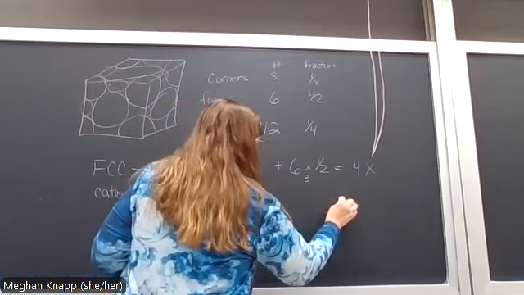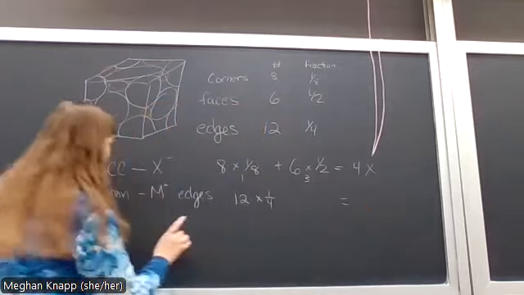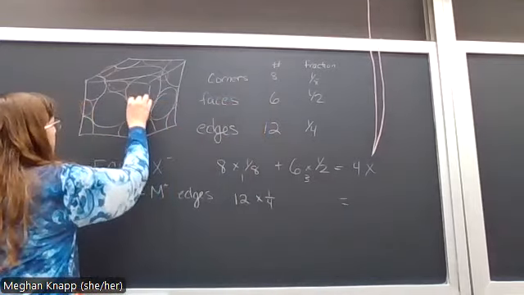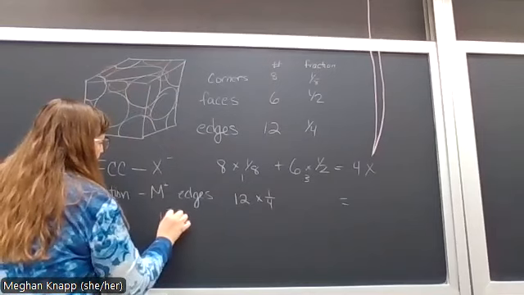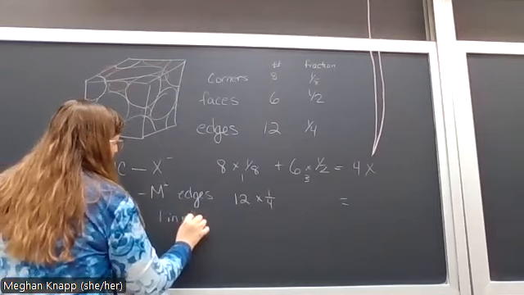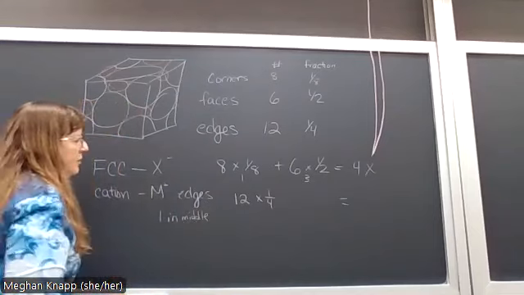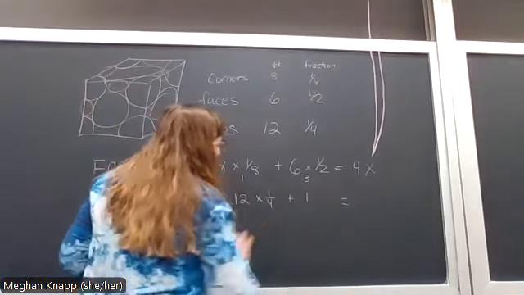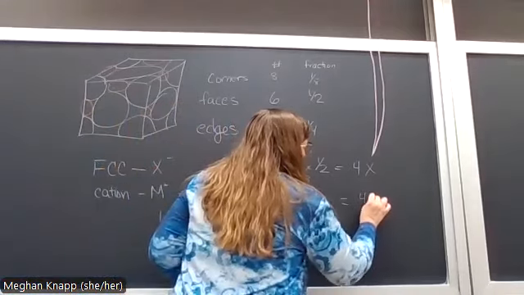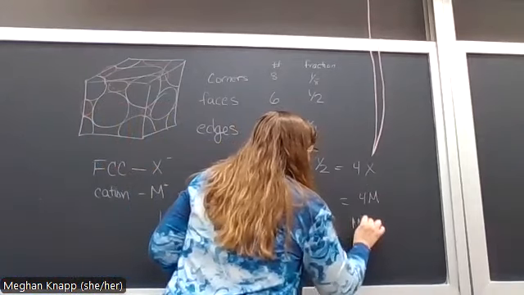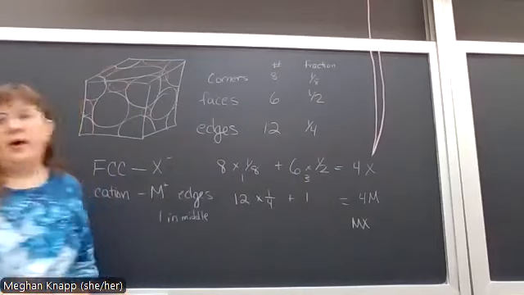Hang on there. I forgot, there's also one in the middle. You can't see it, but it's in that little pocket in there. So there's one there. That gives us 4 of the cation. So this has the ratio MX.